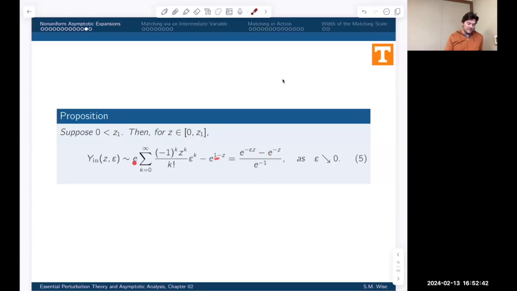And where we have to divide by this e to the minus 1. Or you could multiply by e to the 1. So why do I keep dividing by e to the minus 1? It's because in my initial expression of this function, it had e to the minus 1 in the basement minus e to the minus 1 over epsilon. Okay, so I'm writing it in as true a form to that original that we had.